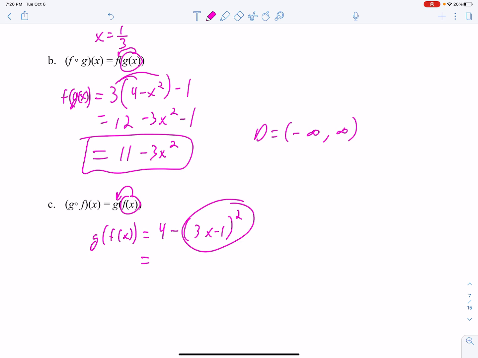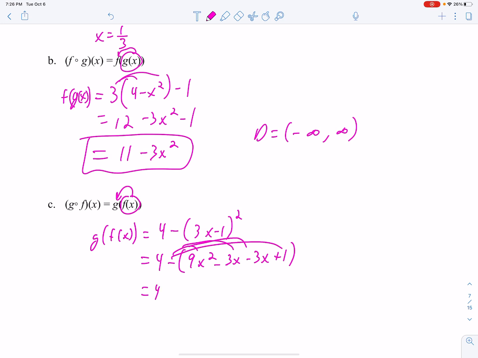So we're going to FOIL. Remember FOIL: first, outside, inside, last. So we're going to do 4 minus parentheses, because we're foiling inside the parentheses there. 9x squared minus 6x plus 1. Now we distribute the negative sign to everything inside here. So 4 minus 9x squared plus 6x minus 1.